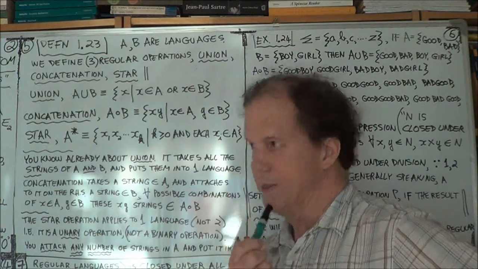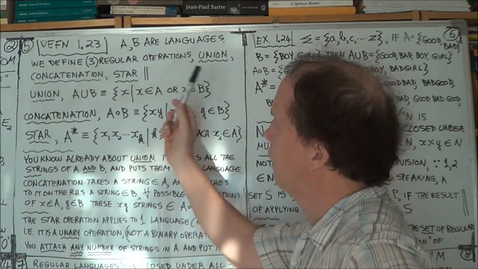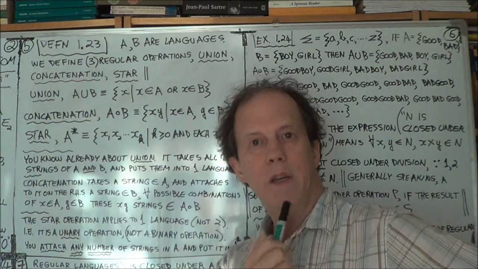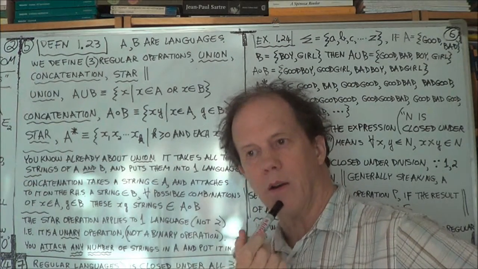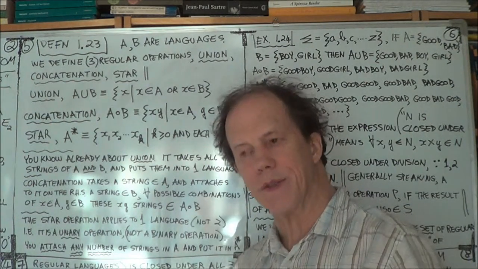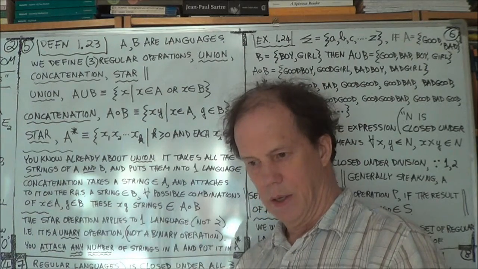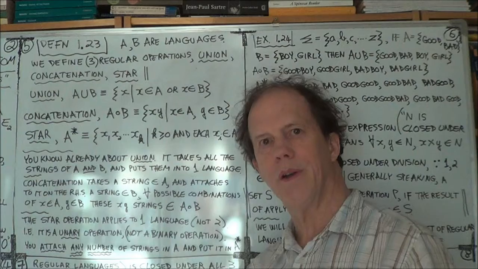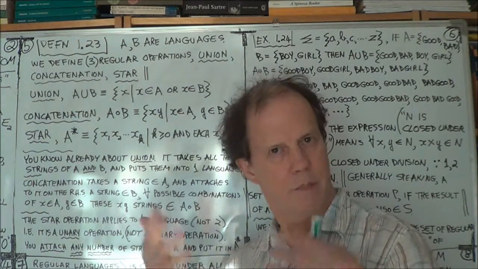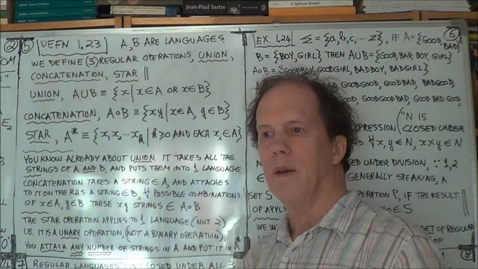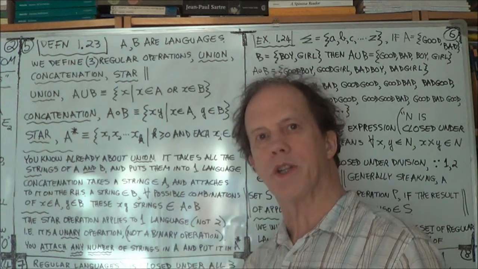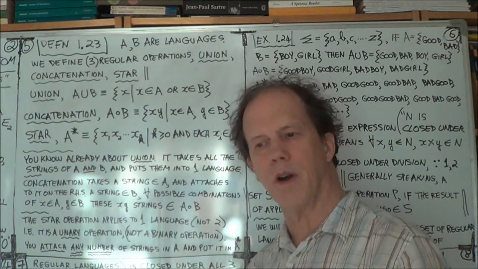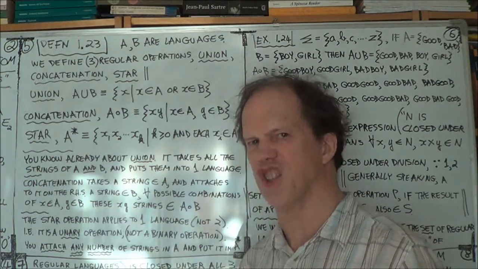Now, in this session I'll give you 3 concrete examples of regular operations. A regular operator operates on, changes, or modifies a regular language. So these operators operate on languages.